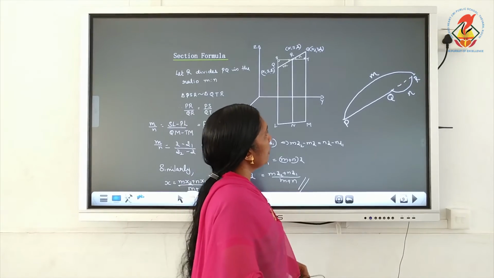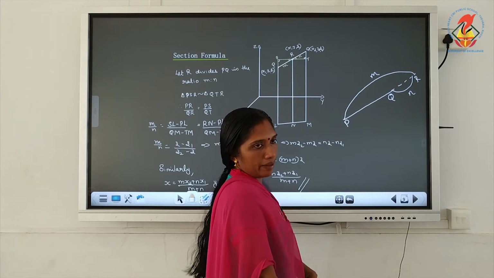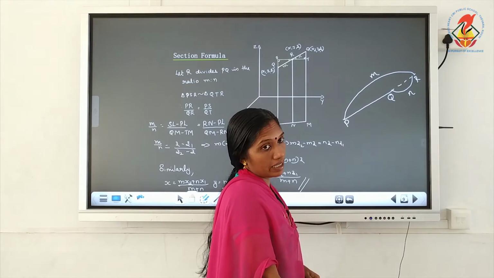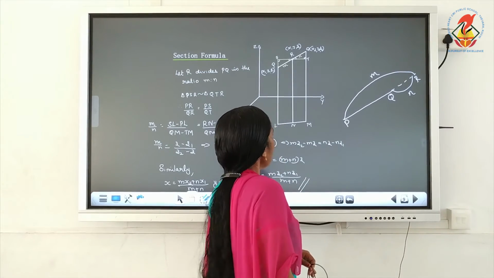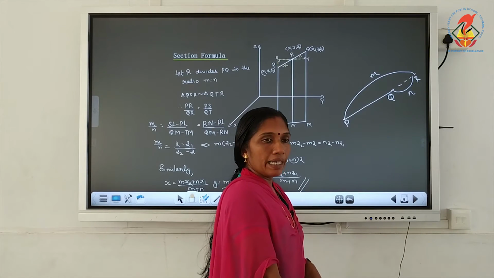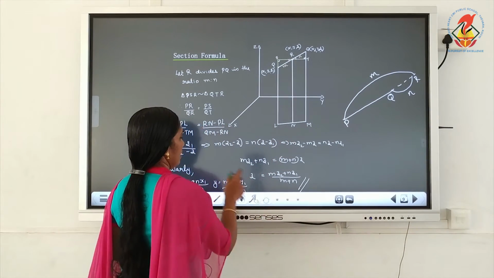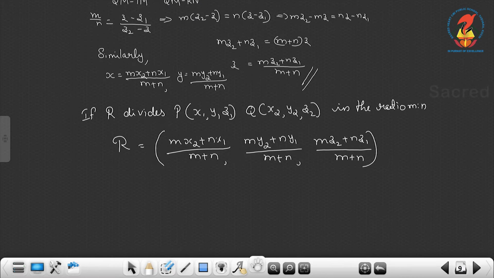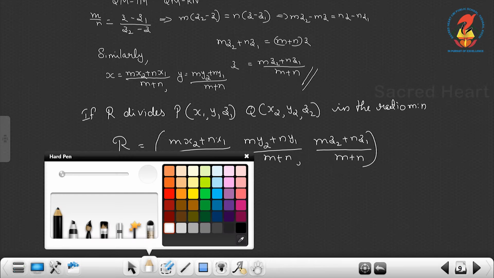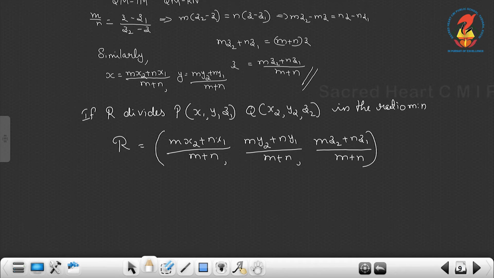So PR is m, QR is n. That is known as external division. So the formula is the same, but you have to replace n by minus n. So this formula we apply if R divides PQ internally in the ratio m is to n. Internally, you have to add the term internally.